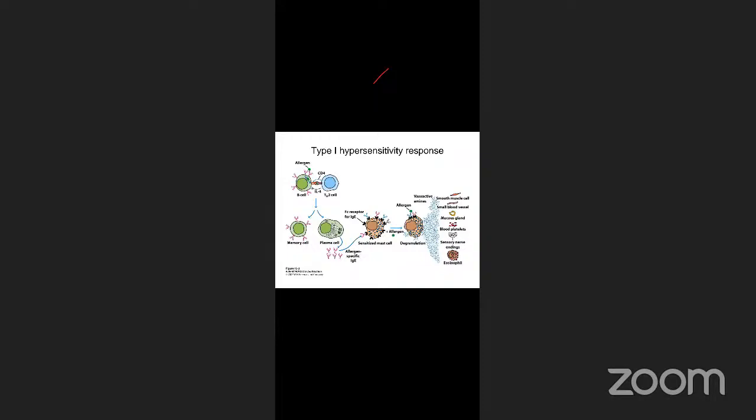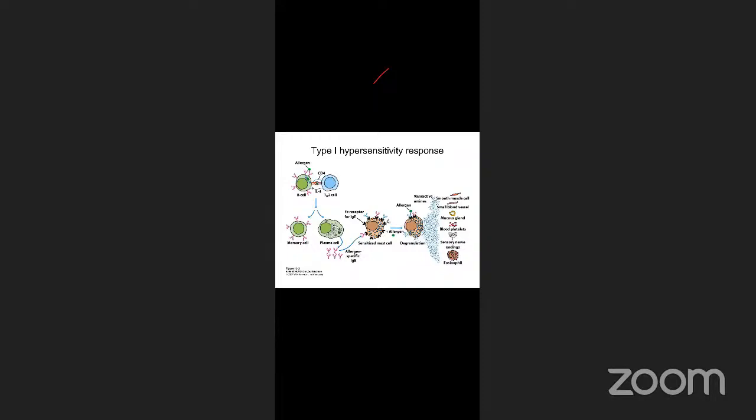Okay, and the allergens. There are different types of allergens. For example, proteins: foreign serum, foreign vaccines. Vaccines also sometimes act as an allergen.